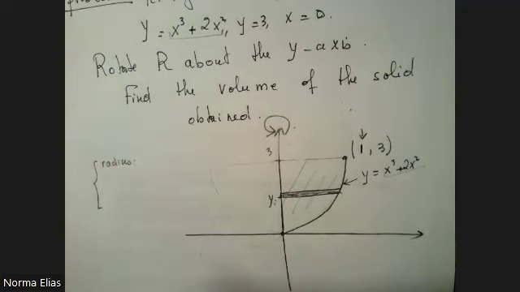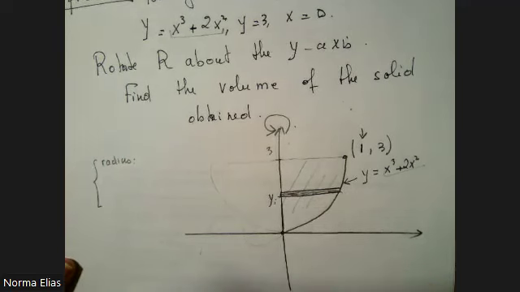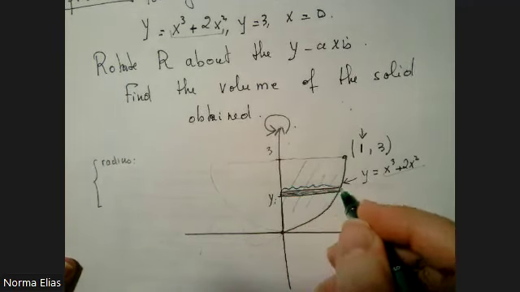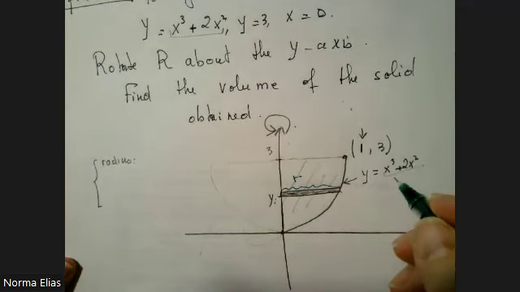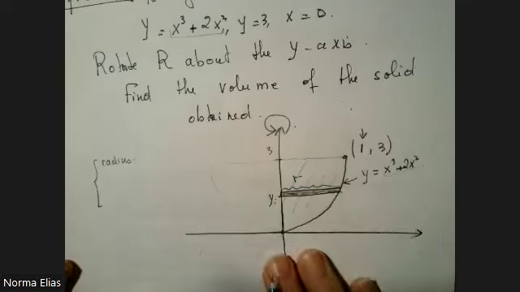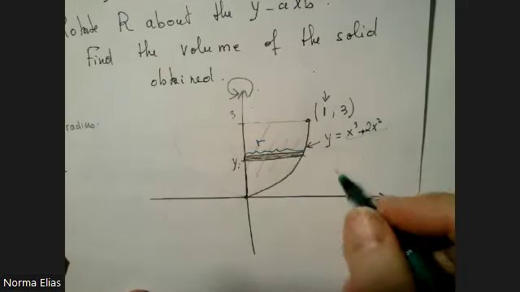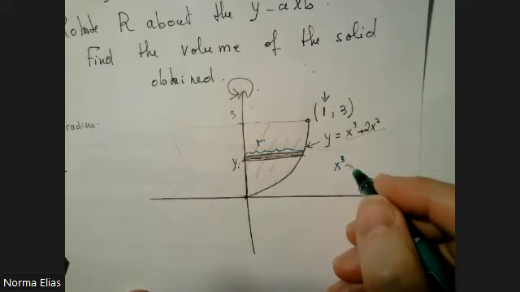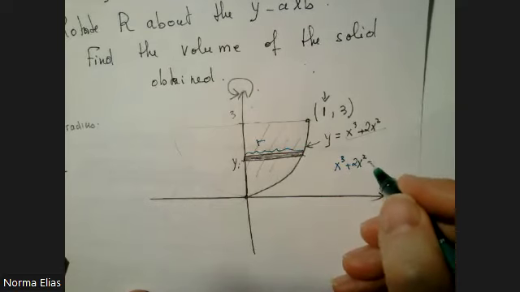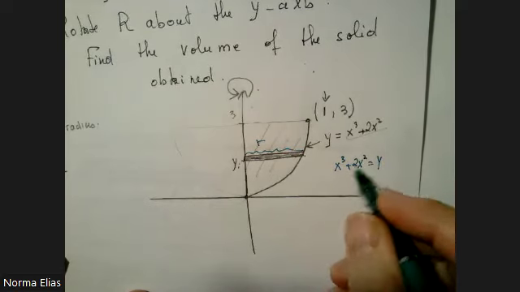Cannot take equation in terms of y. Exactly, absolutely correct, Arian, sorry. If this is y_i and I want the radius, I need to solve for x in terms of y. It means I need to solve the following: I have x cubed plus 2x squared equal to y, and I need to solve for x.